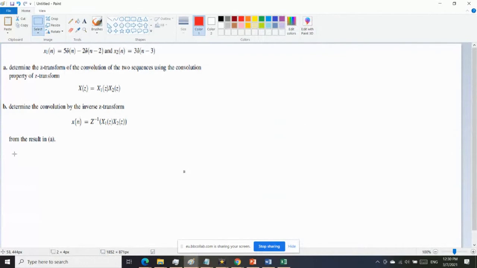So the first part, x1, becomes 5 times the z transform of delta, minus 2 times the z transform of the second one, delta n minus 2.